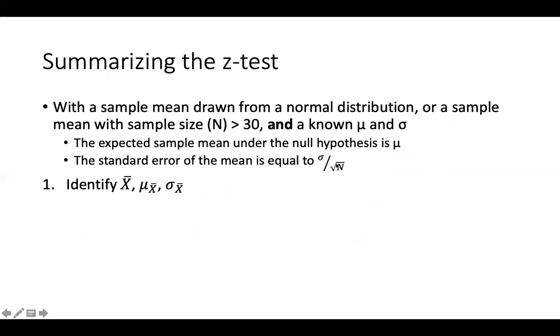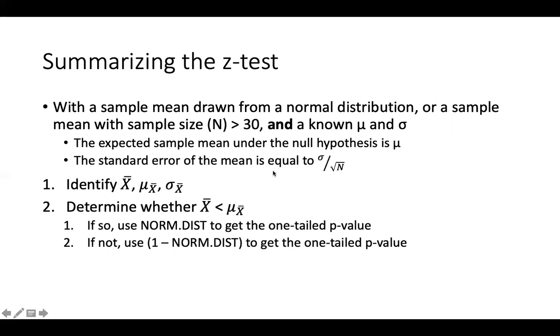And in order to evaluate the probability, we need standard error, which is gotten by taking sigma, the population standard deviation, and dividing by the square root of the sample size. So you need to know those four things: the sample mean, your population mean, sigma, and the square root of n to get standard error.